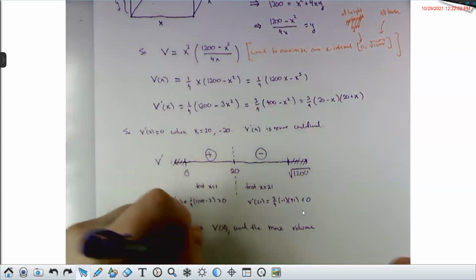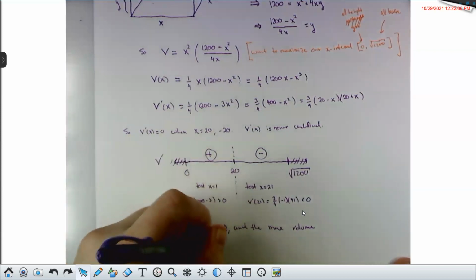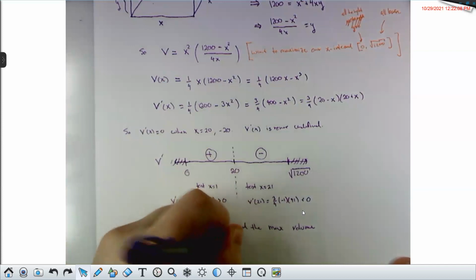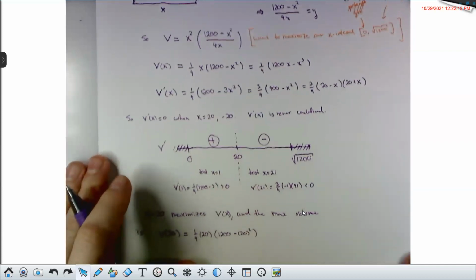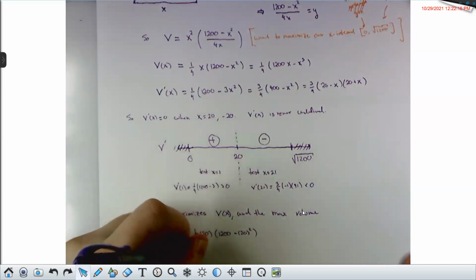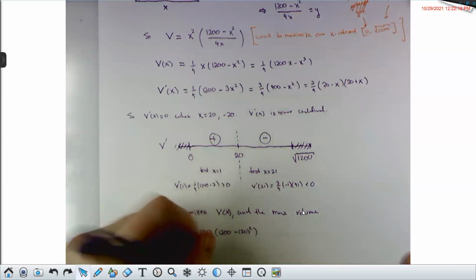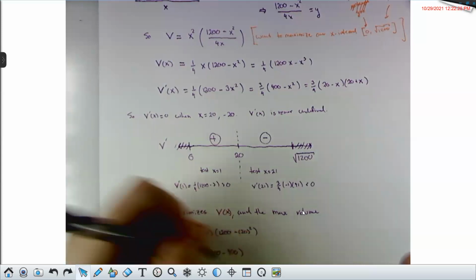So that's 1/4 times 20 times 1200 minus 20 squared. 1/4 times 20 is 5. 1200 minus 20 squared is 1200 minus 400.